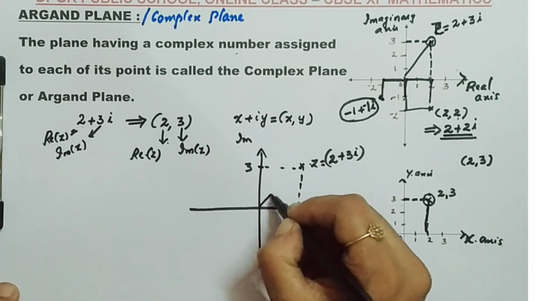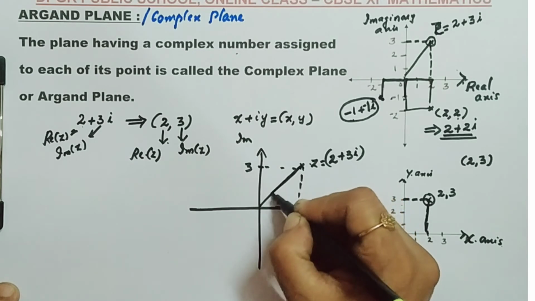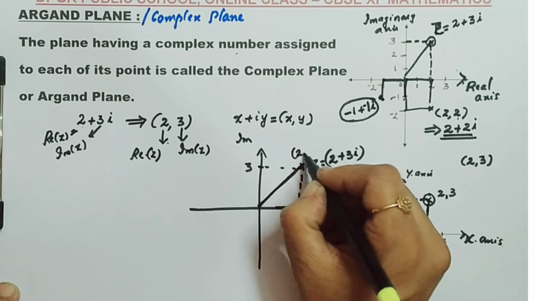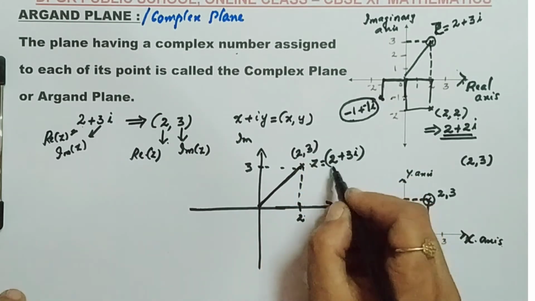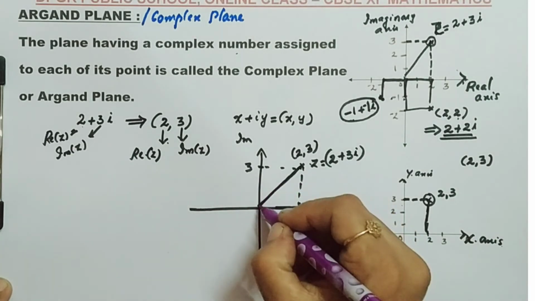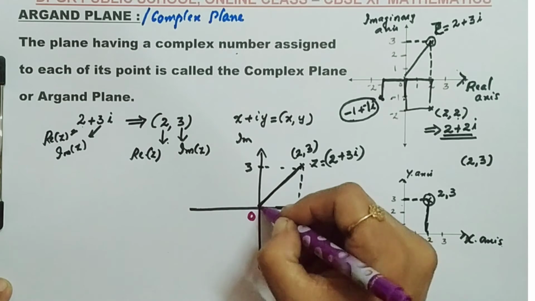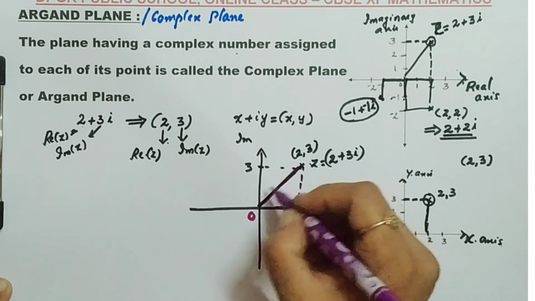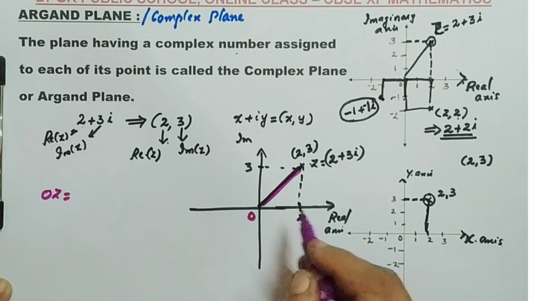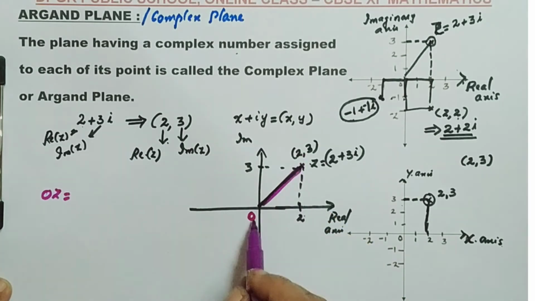If I join these, you know that this is actually the coordinate (2, 3). Now, if we join the origin O to Z, this represents OZ, the distance of the point (2, 3) from O.